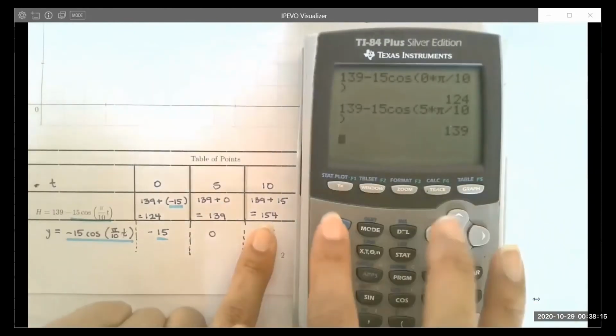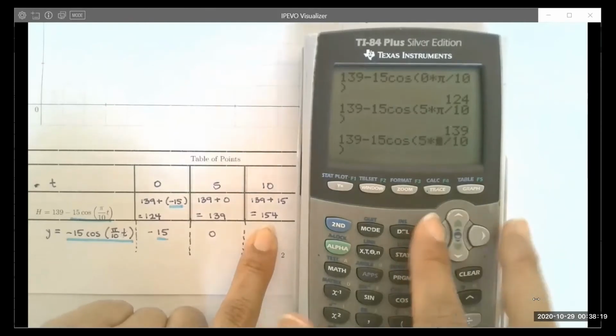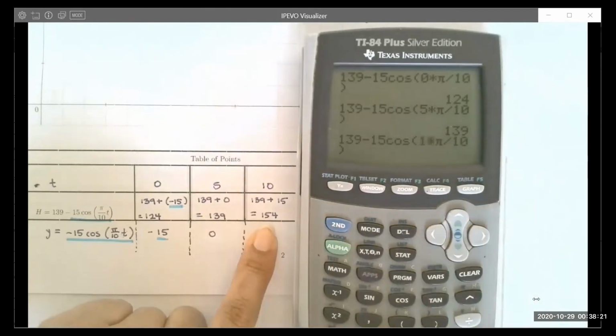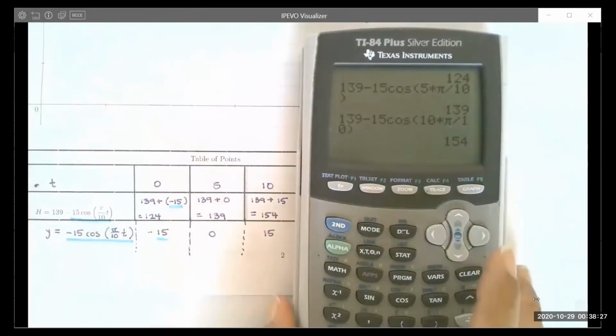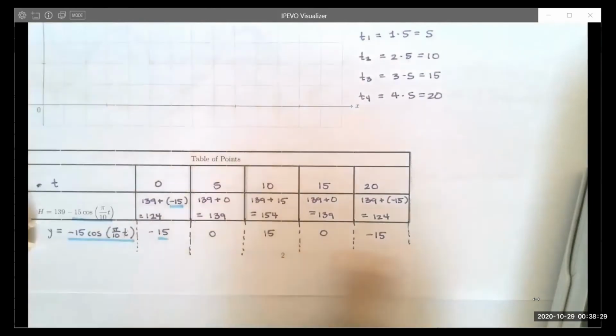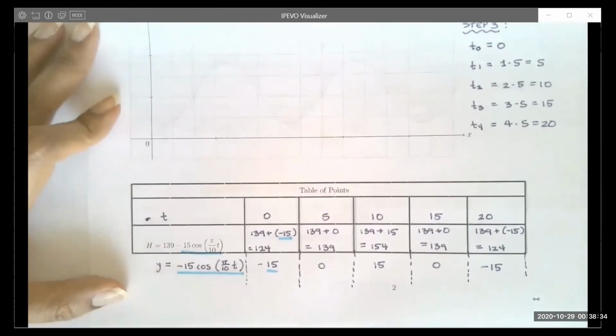If you want to plug in 10, we get the 154. So this row down here is unnecessary, but I just do it as extra verification.